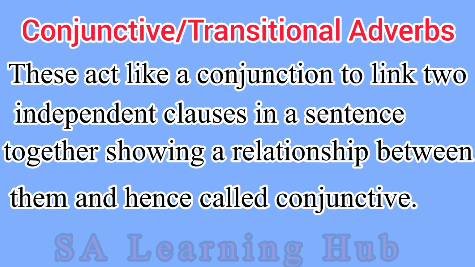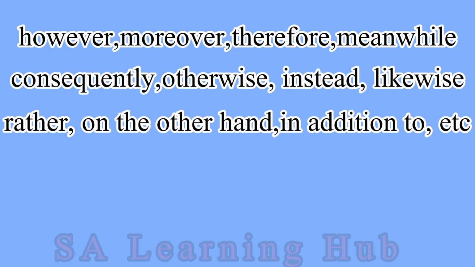Conjunctive adverbs can also be used to connect phrases or words within a sentence. Some common examples include however, moreover, therefore, meanwhile, consequently, otherwise, instead, likewise, rather, namely, on the other hand, incidentally, in addition to, and so on.